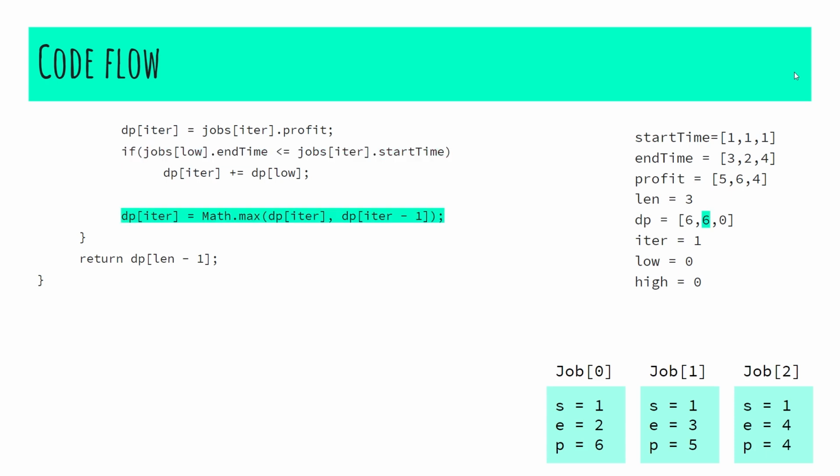I'm going to compare the previous value, that is dp of 0, and dp of 1, that is our current dp index. As you can see, previously our dp of 1 was initialized to 5, but since dp of 0 is greater than dp of 1, we are going to store the value of dp of 0 in dp of 1. Therefore, I'll be changing 5 to 6.